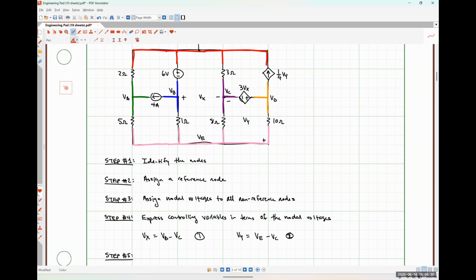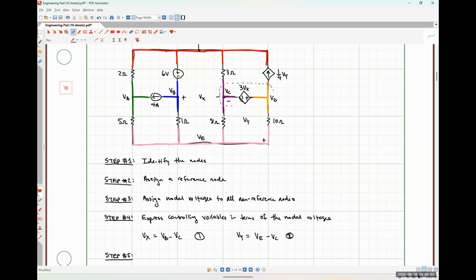So whenever I'm performing nodal analysis, anytime I have a voltage source, I will have what's called a supernode, okay? And a supernode is literally just a combination of two or more nodes.